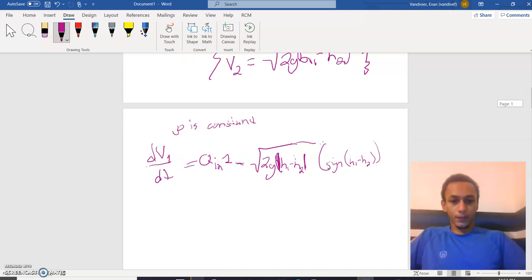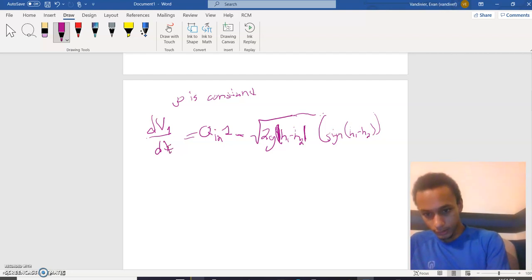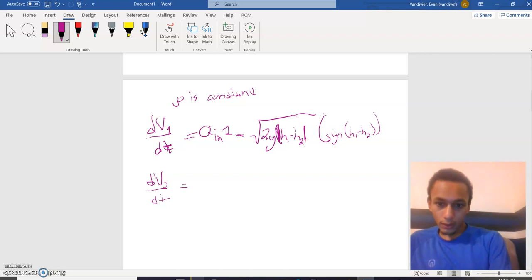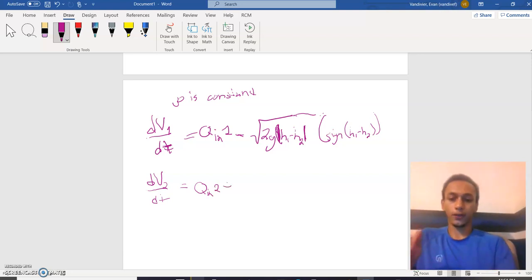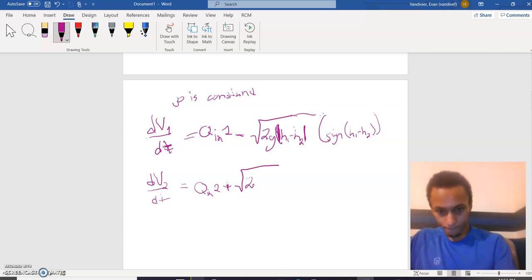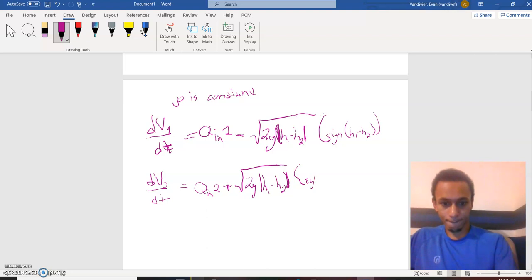And for tank 2, the volume of 2, as it changes with time, equals Q in 2 plus, since water is flowing into tank 2 from tank 1, we have plus what we had there, radical 2g, the absolute value of H1 minus H2. You have to do the sign again, so sign of H1 minus H2.